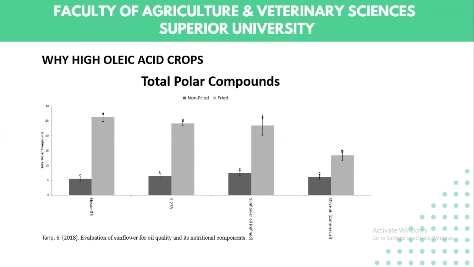We use the term rancidification, or the discharge of harmful radicals during cooking. This is not only bad for the oil shelf life itself, but these harmful radicals are also not good for human health. So you could see olive oil cooking is safer than sunflower, and this is because, as I have told you, it contains a very high amount of oleic acid.